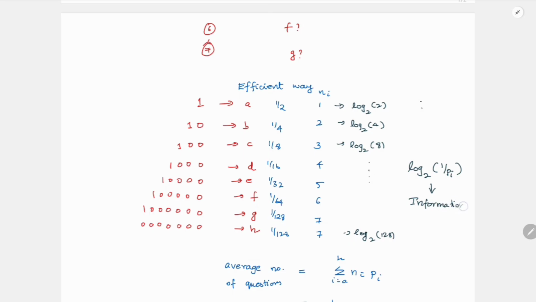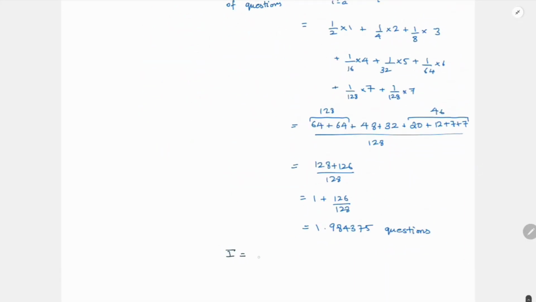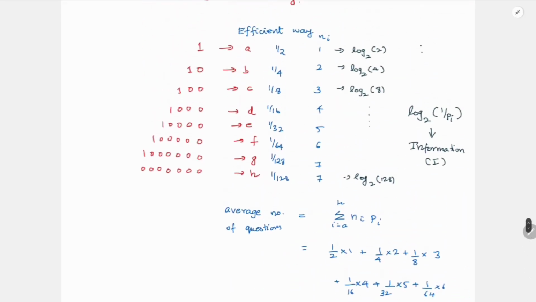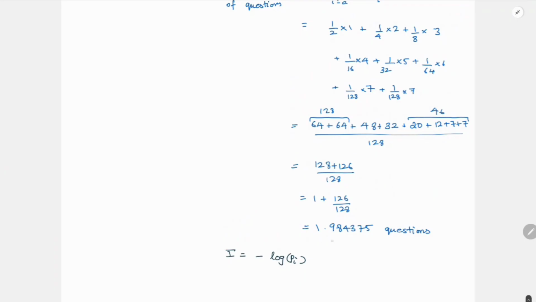You're quantifying information according to information theory, and this is your information given by I. So your I is equal to minus log of pi. In other words, you can also think of it as the bits required to represent a symbol occurring at certain probability pi. So this is the minimum number of bits required.